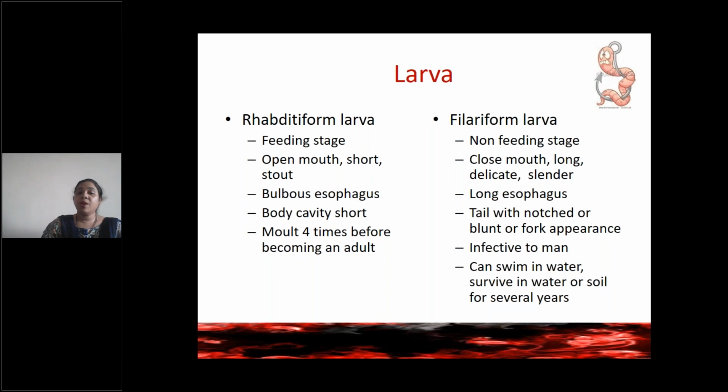Esophagus in filariform larva is long, whereas in rhabditiform it is short. Tail is usually notched for filariform. Filariform larva is an infective stage to man, and it can swim in water, and it can also survive in water for about several years.